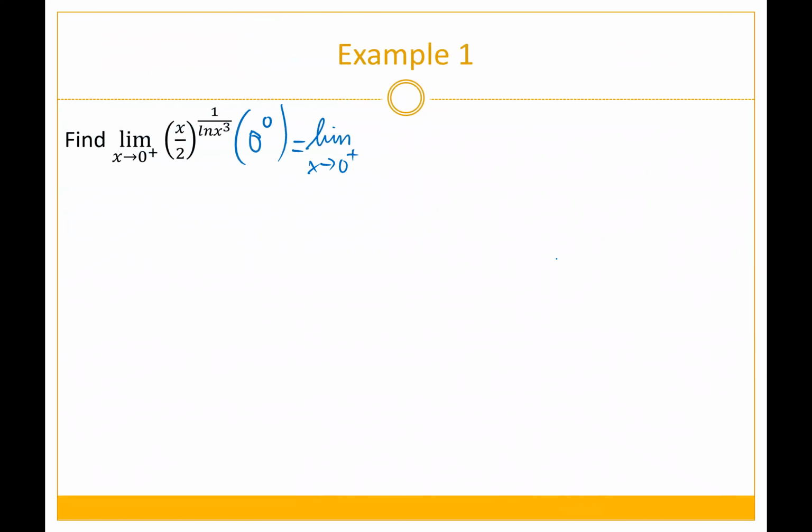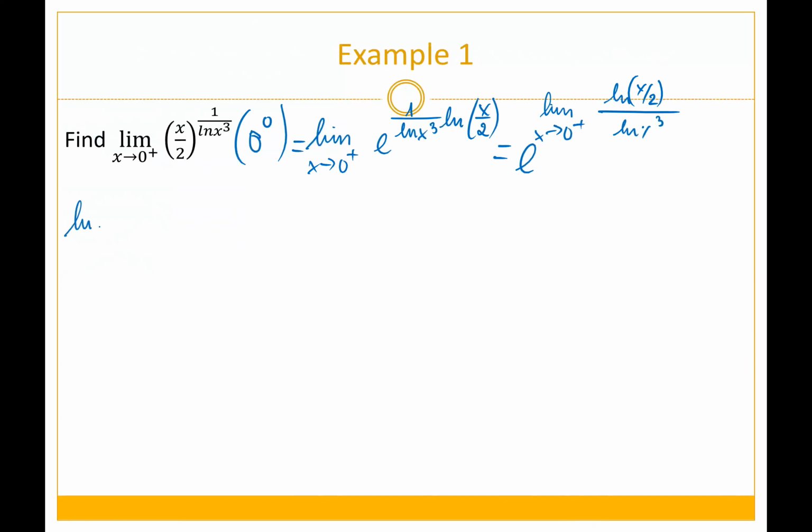So first make it into a product. It's e to the 1 over ln of x cubed times ln of x over 2. Now I just take the e out and find the limit of the thing inside, which is ln of x over 2 over ln of x cubed.